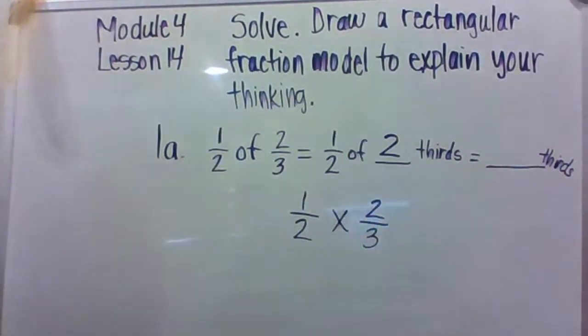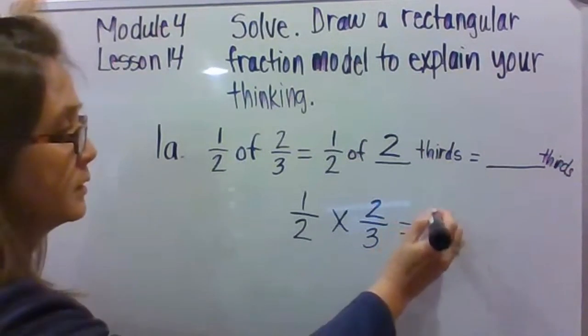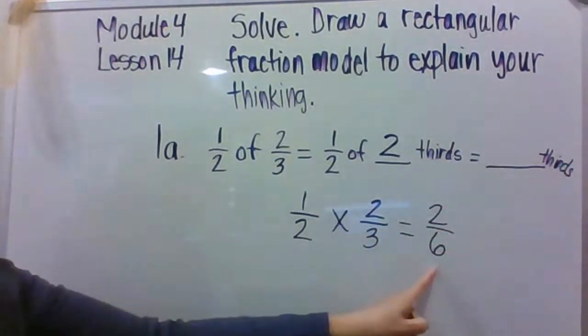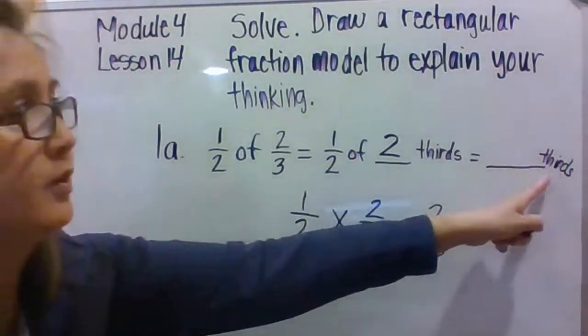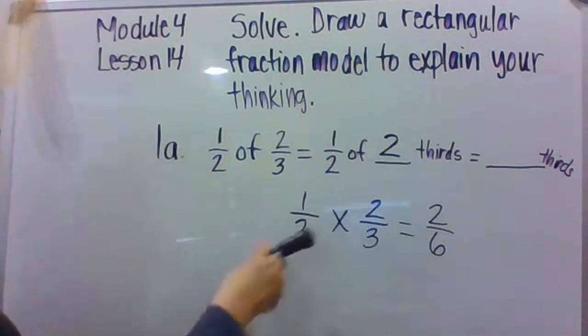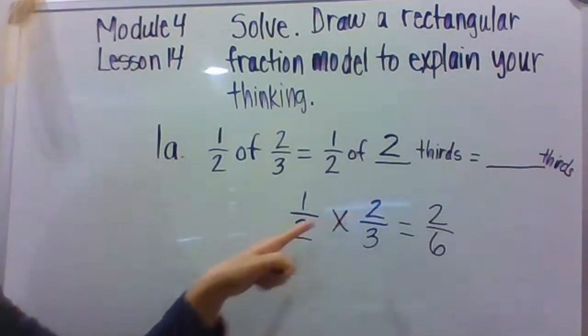What is 1/2 of 2/3? Okay, well, if I multiply straight across, 1 times 2 is 2. 2 times 3 is 6. Well, that's a sixth, not a third. So what they will have you do is they'll stop you right here, between this 2 and this 2.